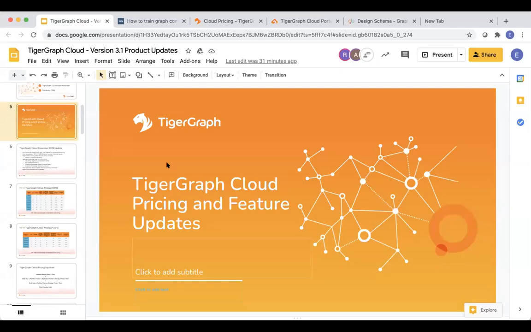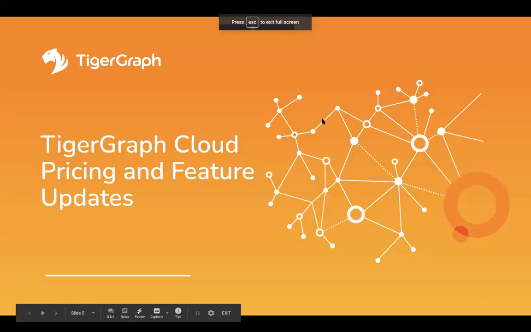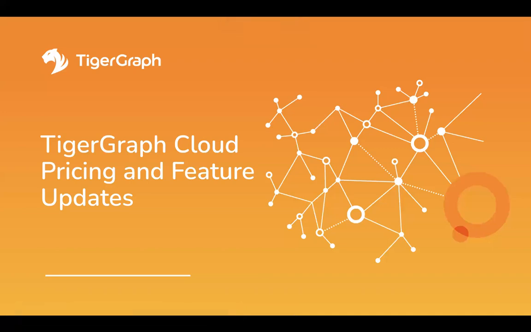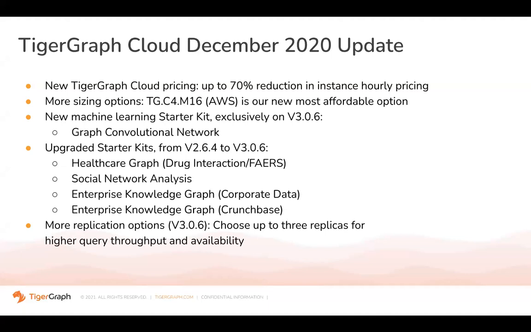All right, very happy to present what we have included in our last December update for TigerGraph Cloud. Just as an overview, TigerGraph Cloud is releasing pretty much every month with some of the major updates.